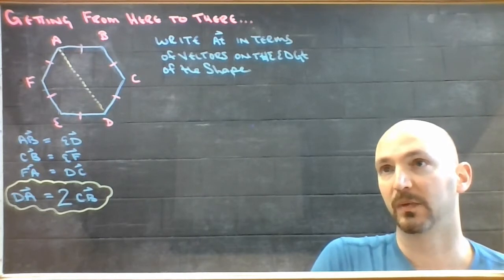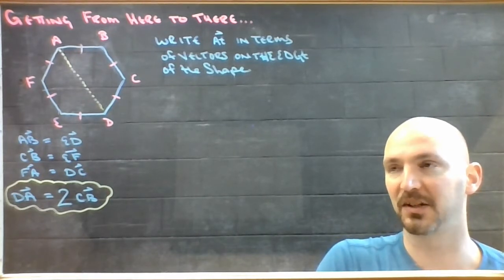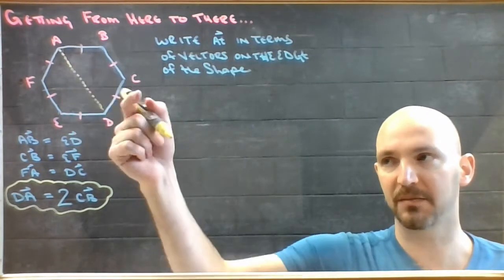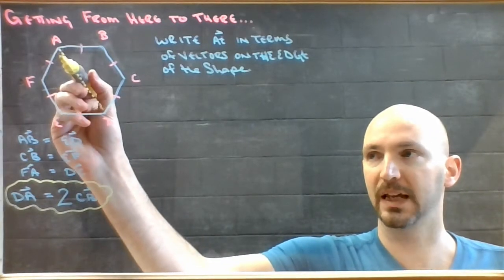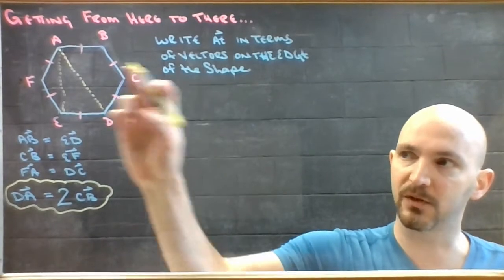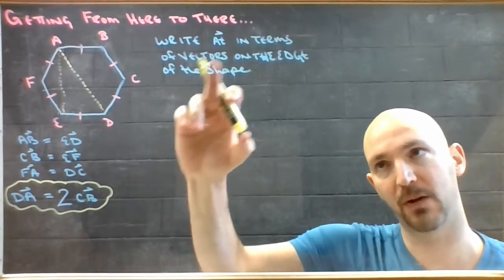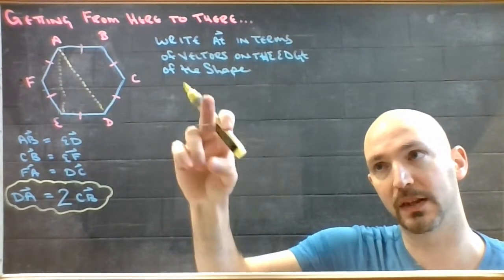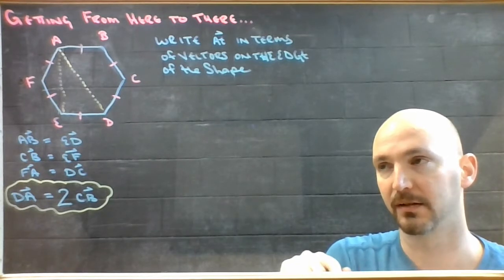So, what exactly is that asking you to do? Well, I can see the path I'm supposed to follow from A to E. I want to get from there to there. But instead of crossing through empty space, I want to try and do it along the edge of this hexagon.